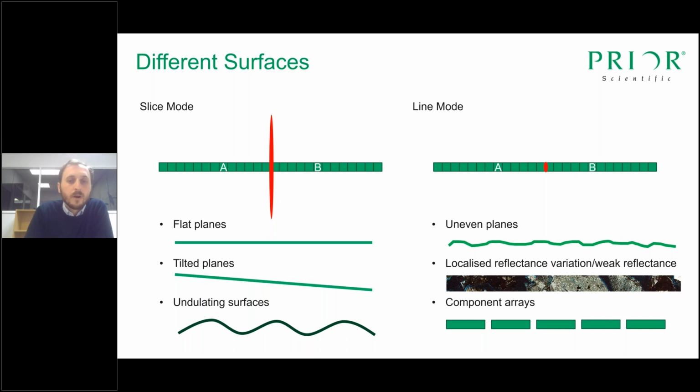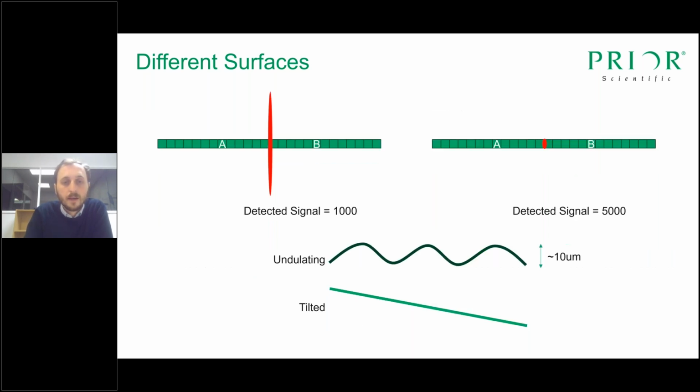This is because we're able to deal with the tilt in the plane better in that mode, whereas samples that have surface variation in reflectance or in their actual surface height, or where they have very, very weak reflectance, line mode tends to operate better because of that averaging, and also because the intensity of the signal that the sensor detects in line mode tends to be much higher.